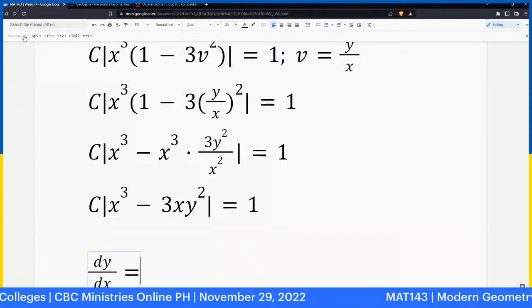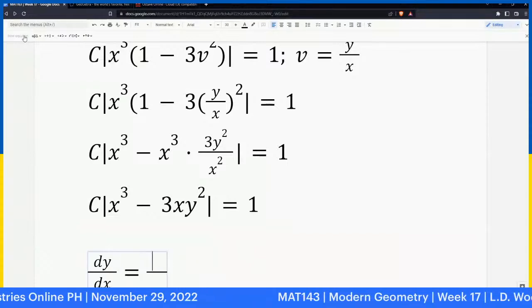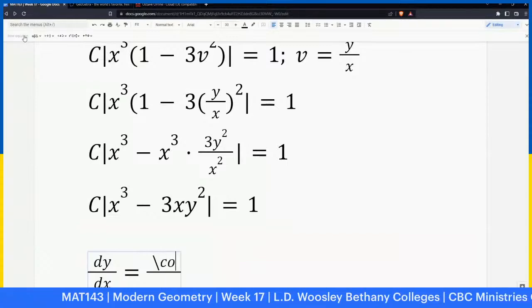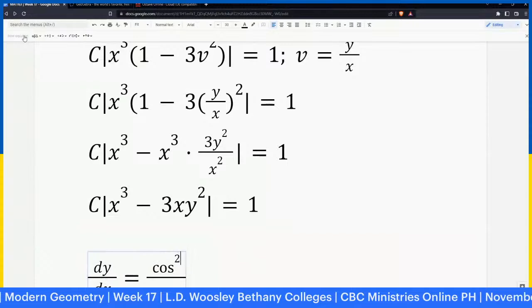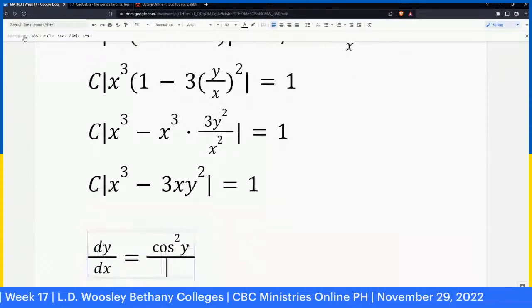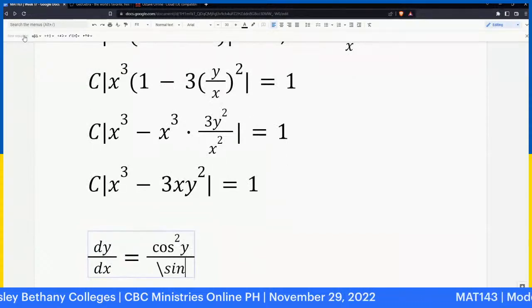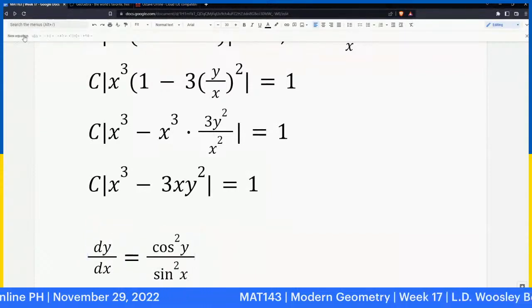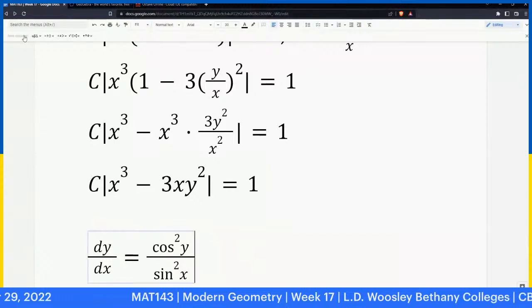Variable separable siya. No? Okay? So, what will be the variable separable expression, Michaela?